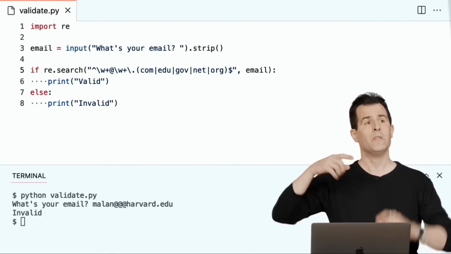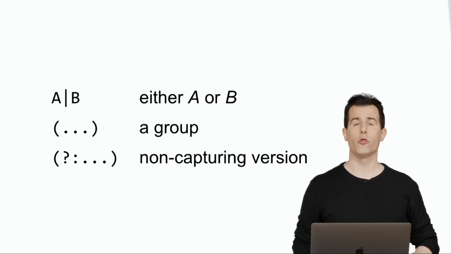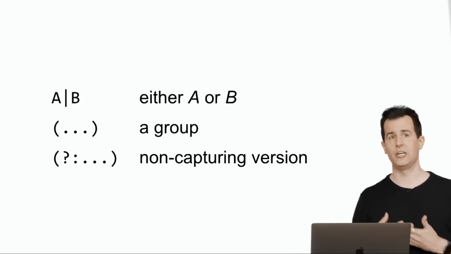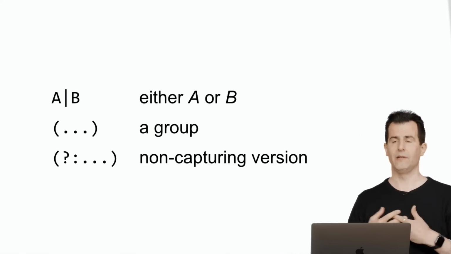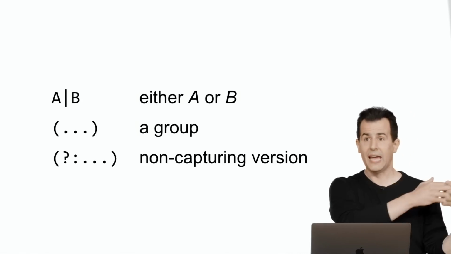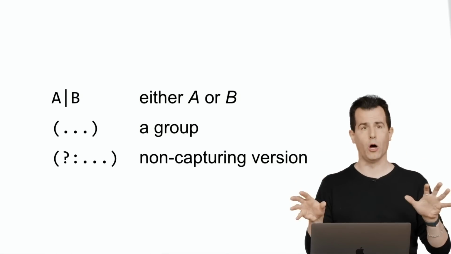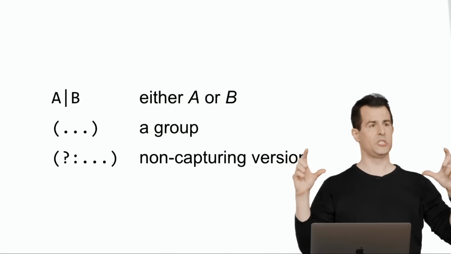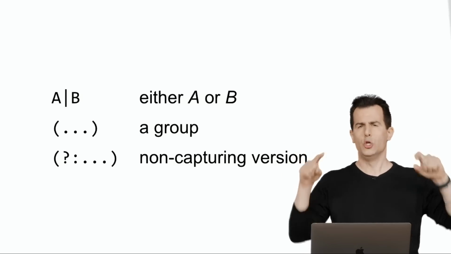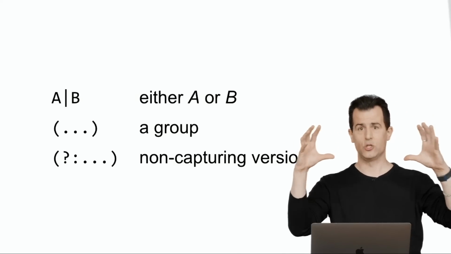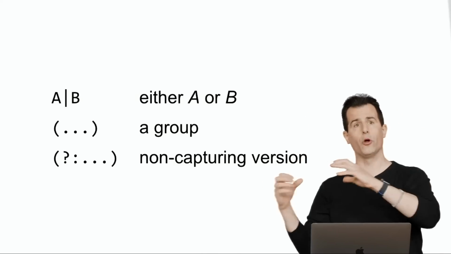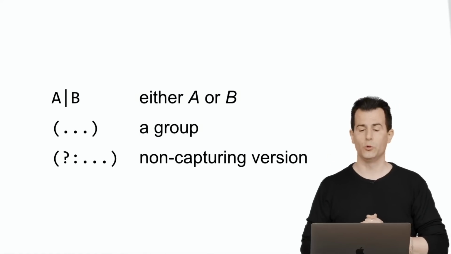It means or, and the parentheses simply group things together. Formally, you have this syntax here. A or B, A vertical bar B, means A has to match or B has to match, where A and B can be any other patterns you want. In parentheses, you can group those things together. So just like math, you can combine ideas into one phrase and do this thing or the other. And there's other syntax as well that we'll soon see.